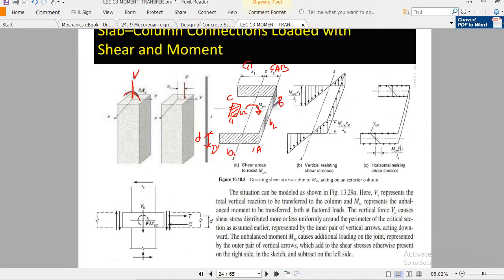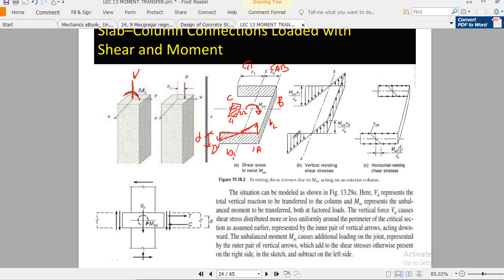Those compression and tension cause shear stresses along the shear perimeter. And what will be the amount of those shear stresses? Remember, as you see here, the flexure distribution of the stresses will look like this shape. Here the stresses are maximum, and then it decreases.